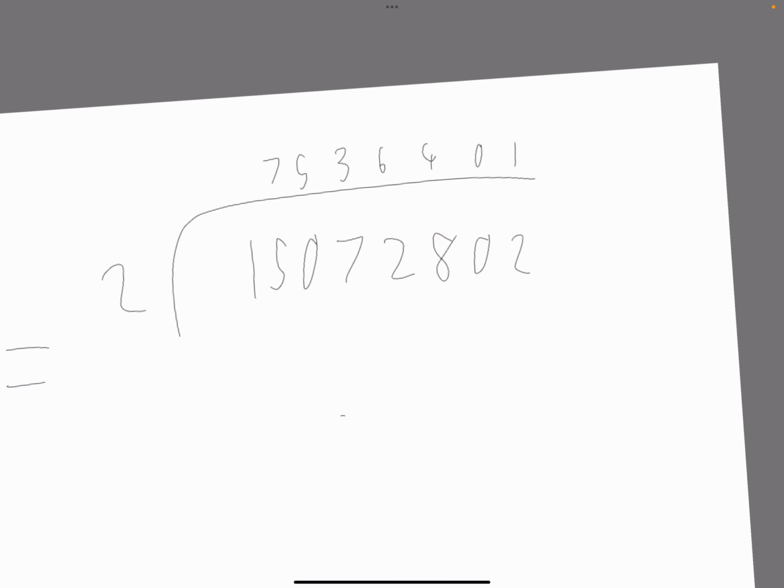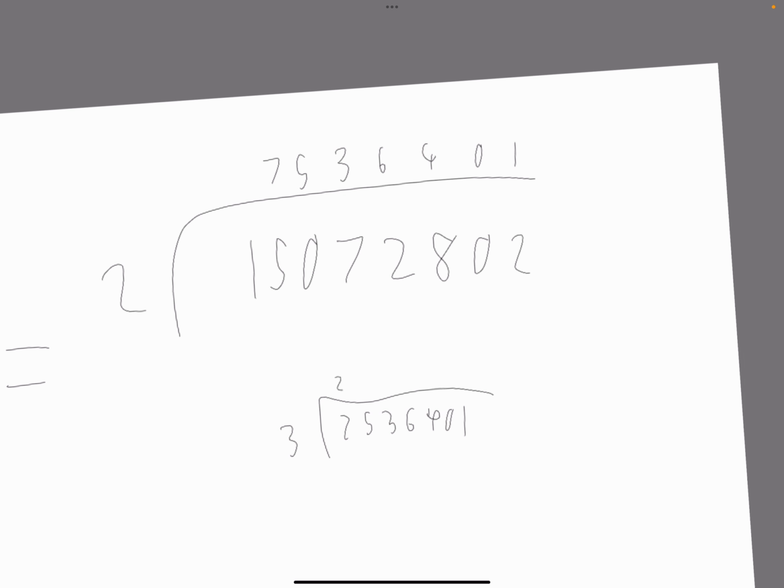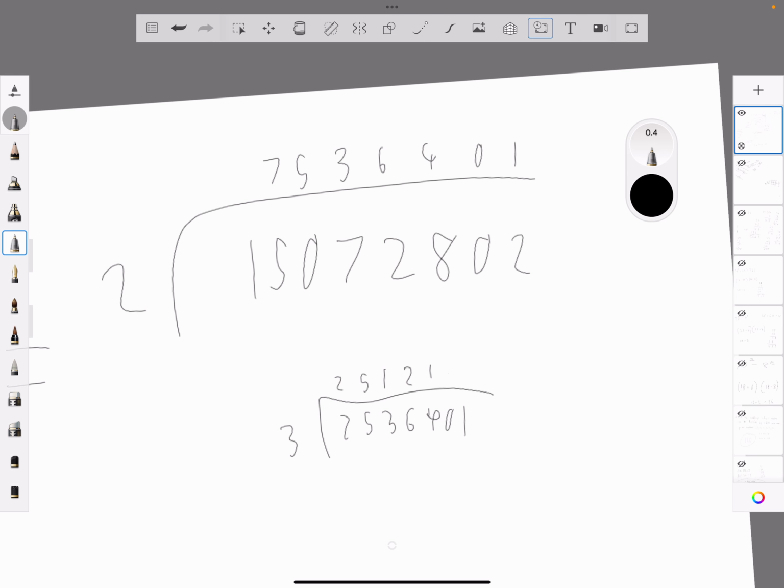Divide by 3. 7 5 3 6 4 0 1 3 3. 2 15 5 35 1 2 1. 3 3 9. 101. 339.